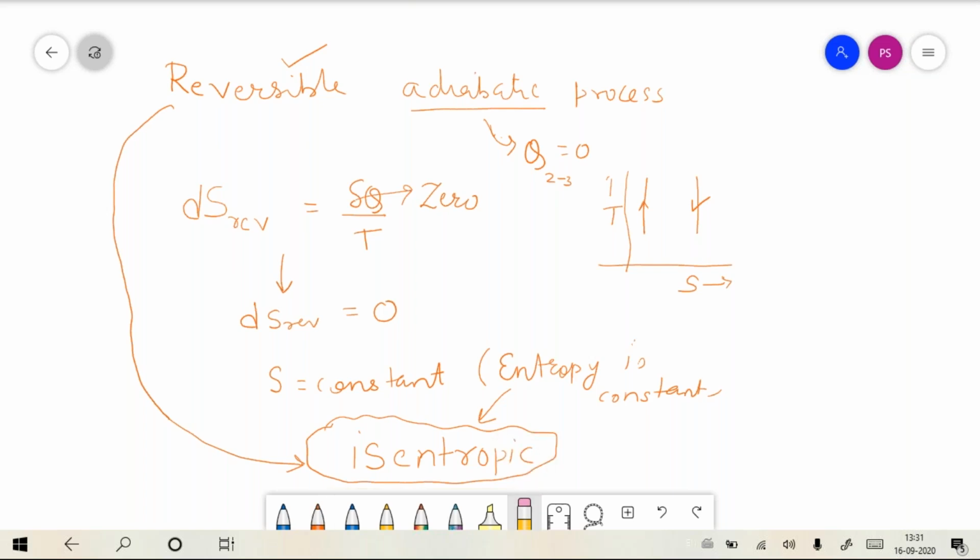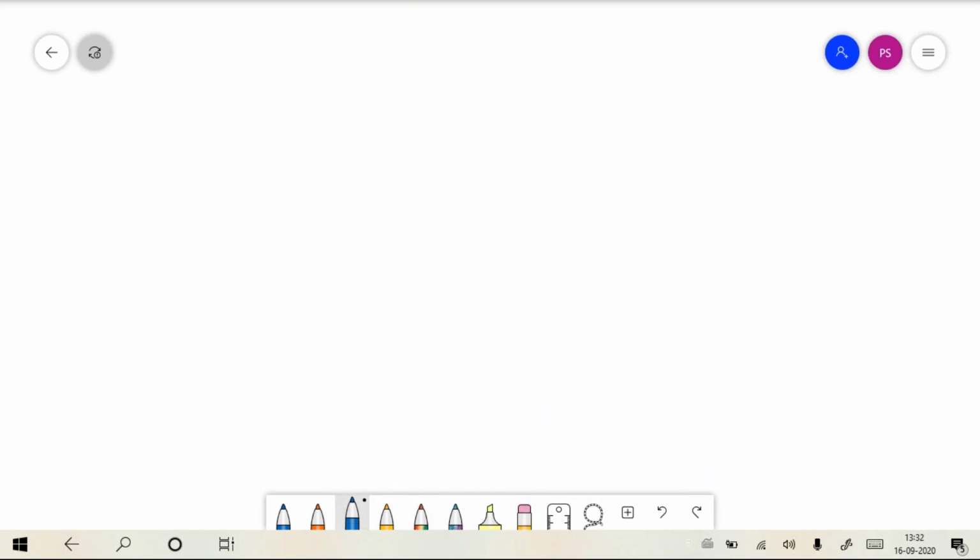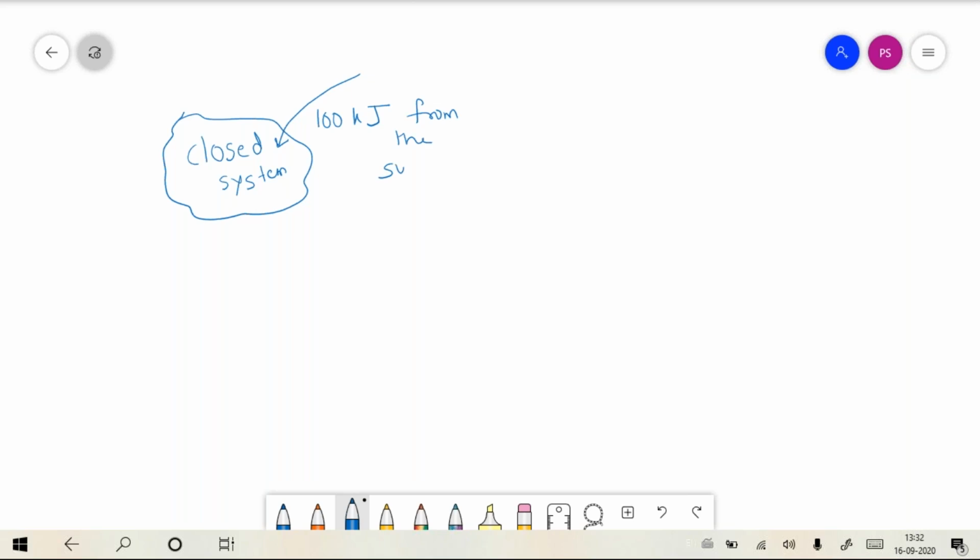Let me rub this all. Okay. So suppose this is a closed system, and suppose there is a heat transfer of 100 kilojoules from the surroundings to the system.